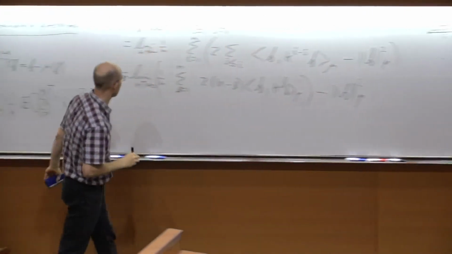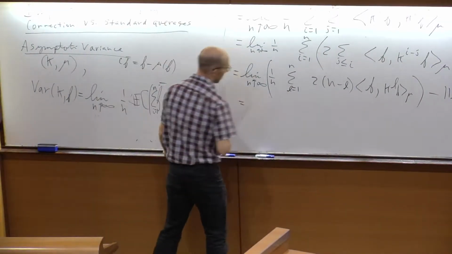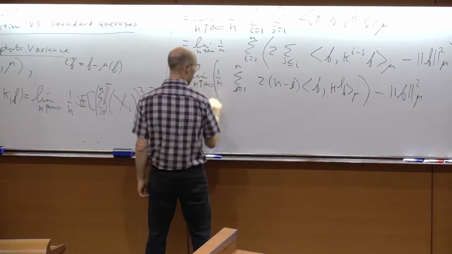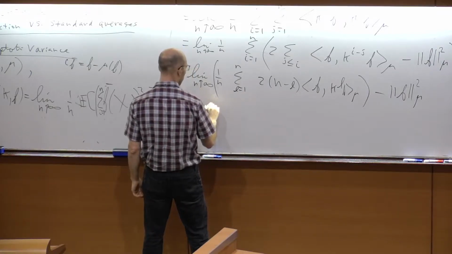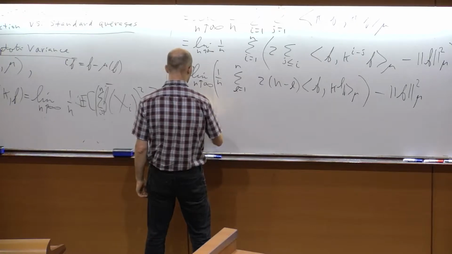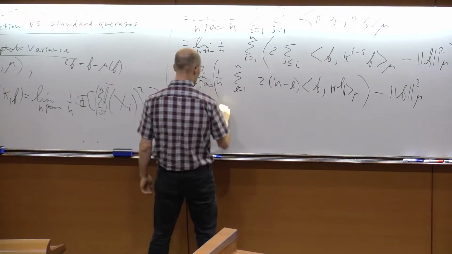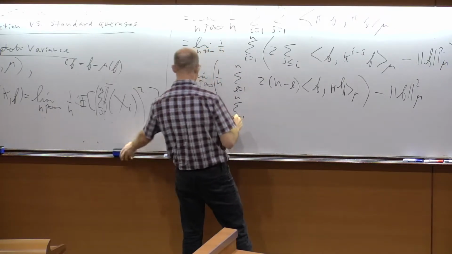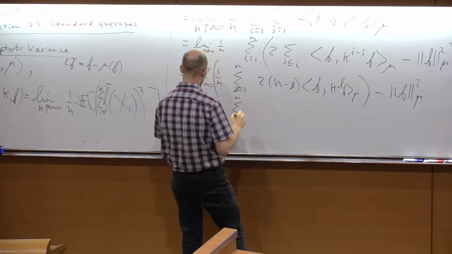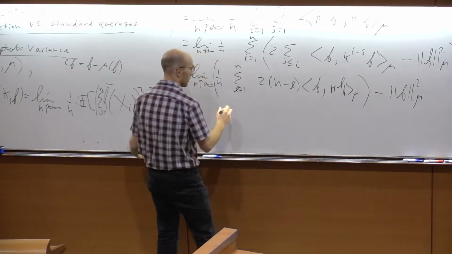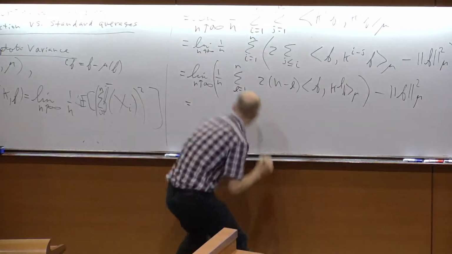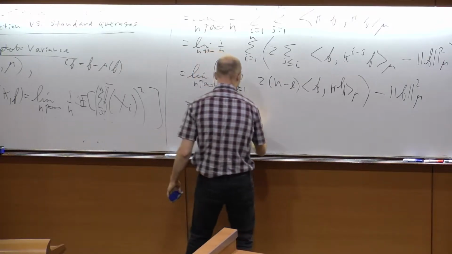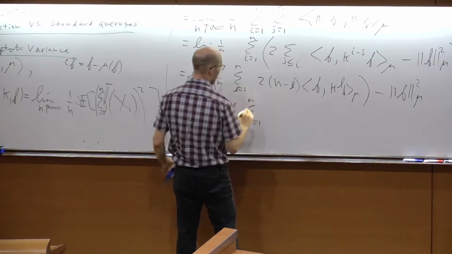And so now we can see that this term, so we have basically the limit, and so sorry. So this is F squared, and we have this sum here 1 to n.